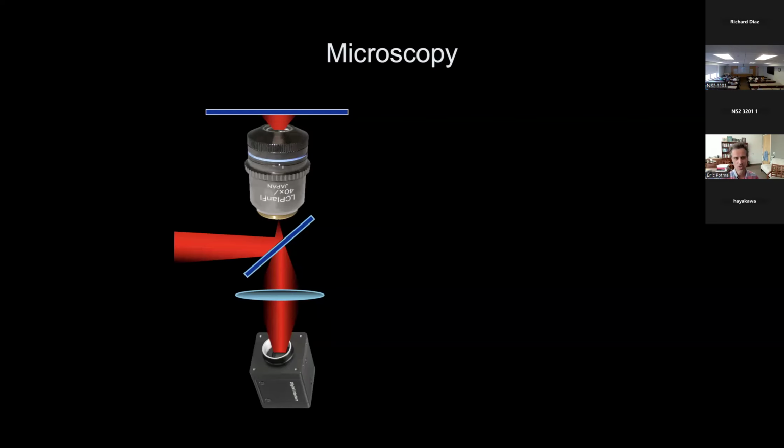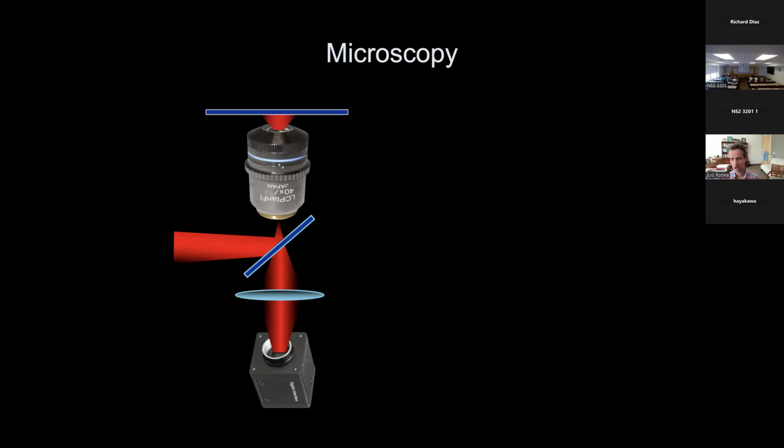And there are 2 ways to do it. The simplest way is just to illuminate your sample with a random light source, just a lamp that produces light in no particular direction. You put it through the objective, you illuminate the sample, and then through the same objective, you can see if there's any light coming back. That can be fluorescent light. You use a couple of filters, and then you project it onto a camera. So that will be bright field or wide field imaging, and you get beautiful images out of that.